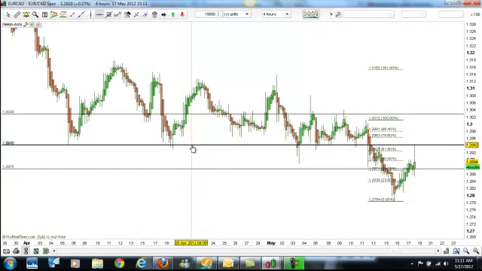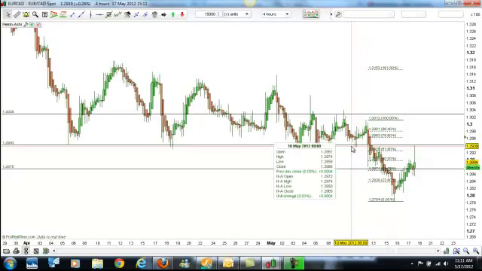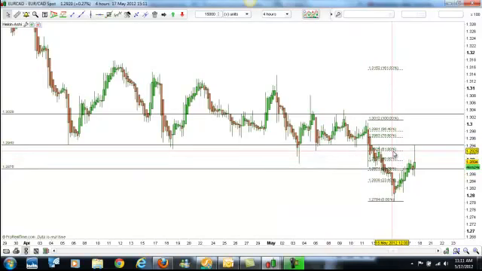It's kind of stuck. I think I need to reboot my computer. But if you see this line, this would have been a little bit better level. If we would have put a sell entry at our 61% Fib level, this would probably have been a more solid entry point than the 38.2.